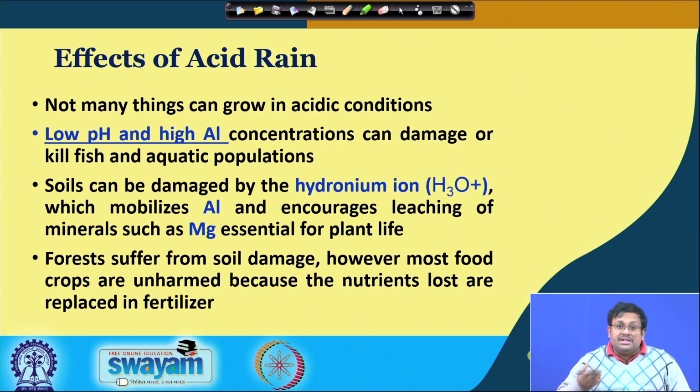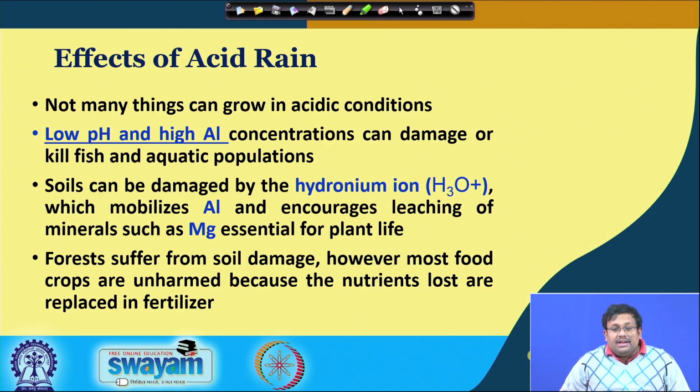However, due to acid rain, these hydronium ions mobilize the aluminum, and as a result, magnesium and to some extent calcium leach down through the soil, becoming unavailable to the plant for extraction through its roots, and this renders the soil infertile.